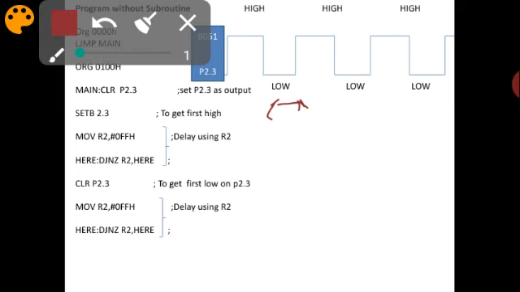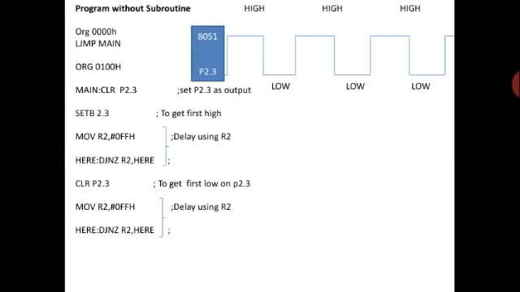How long it is depends on the count value that you have taken into R2. So the processor is involved with just the counting operation and does nothing else. Meanwhile, the status of the pin remains as it is, without change. Next, this process repeats.